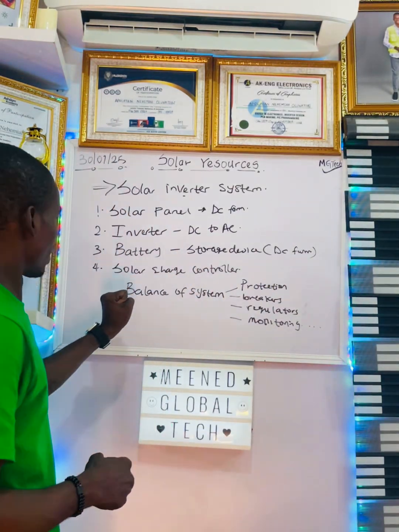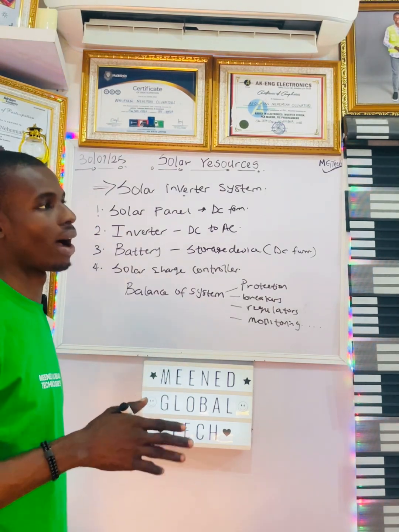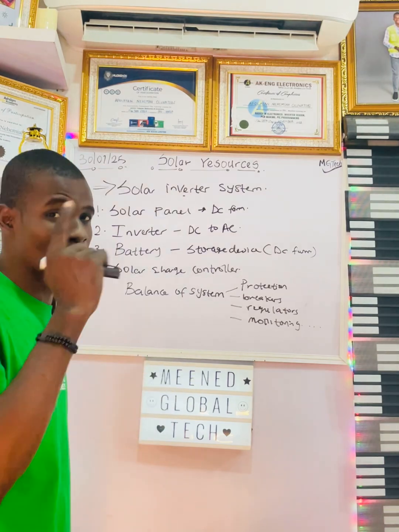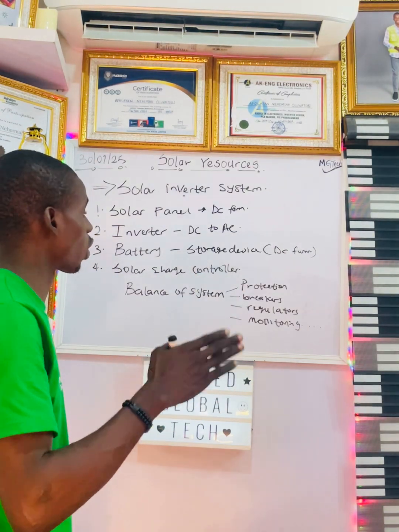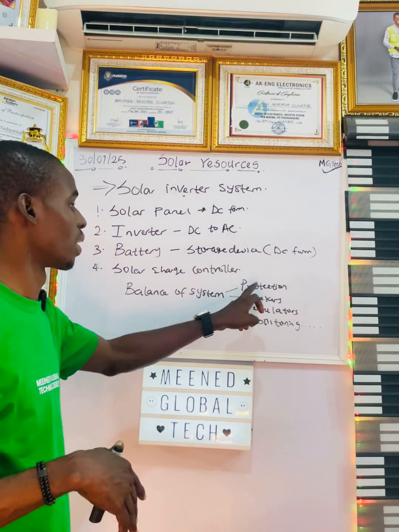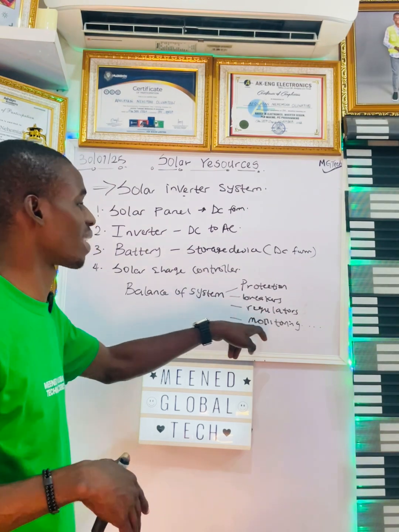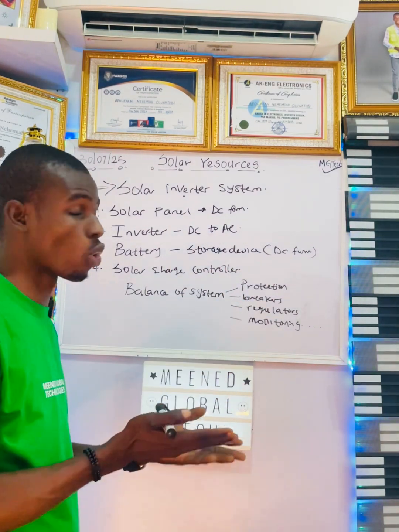Now, coming to the balance of system, in design, the finishing matters a lot. It goes a long way. So we have the protection devices, the breakers, the regulators, the monitoring devices, and some other components that make up a whole system.